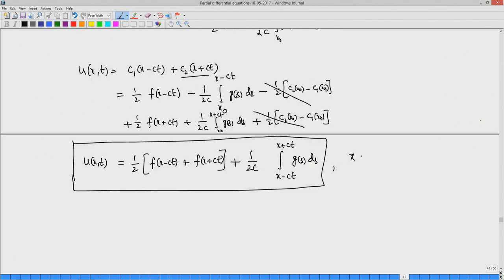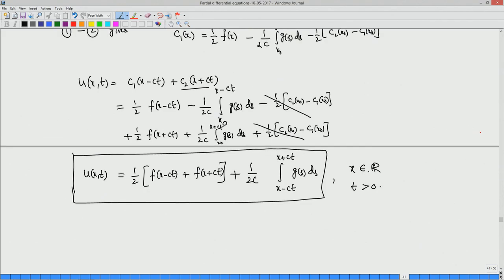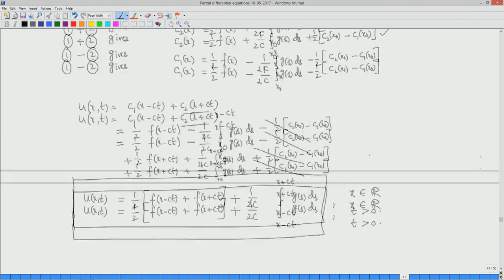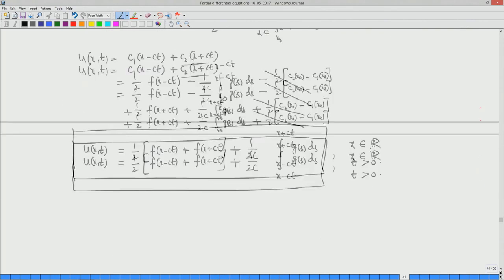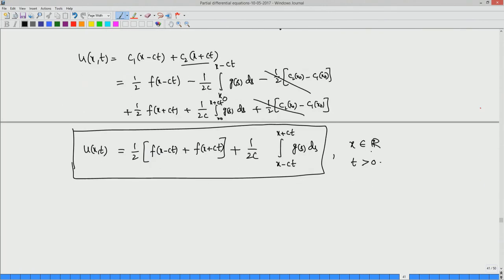This works for every x in the real line and for every t positive. This is the D'Alembert's solution of the wave equation with the initial data.